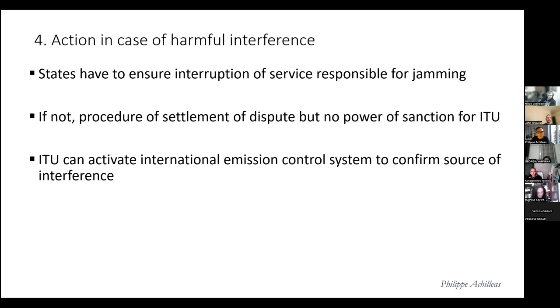This is already a kind of diplomatic sanction, when the International Telecommunications Union officially and expressly says, you jam, you are responsible for jamming. Well, it's not a good statement. It's not a nice statement made by the ITU. So usually states try to avoid such a naming procedure.